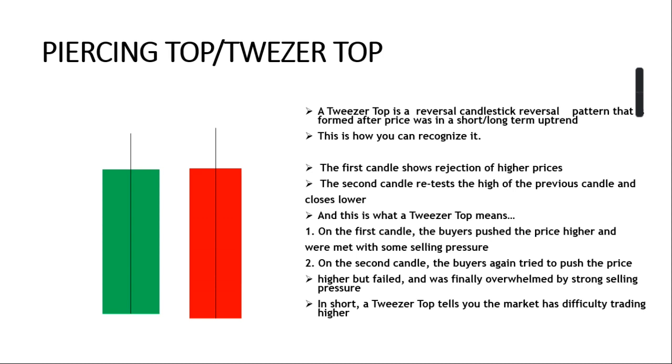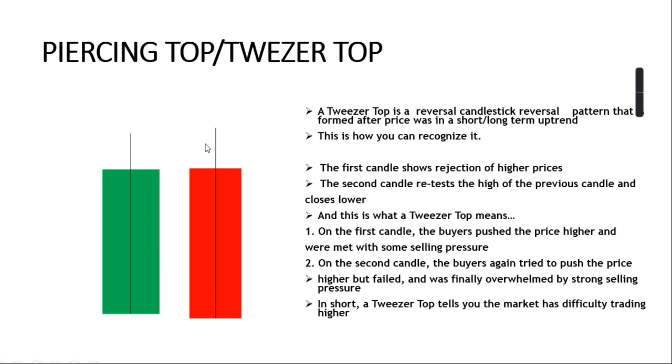On the first candle, the buyers pushed the price higher, and then they were met with some sudden pressure, and the sellers came in and closed bearishly. Okay, in short, it tells you that the market has difficulties trading high, which it was rejected twice.